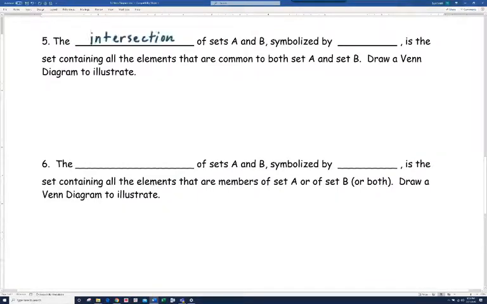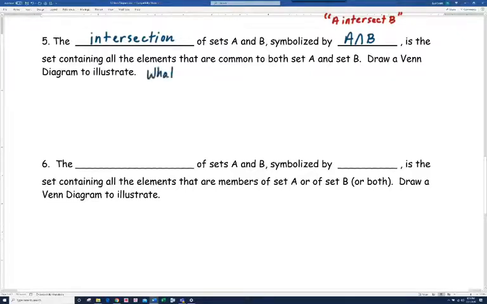So the intersection of sets A and B, which we actually already briefly discussed, is symbolized by A intersect B, and it's like an upside down U, that's the intersection symbol here. So A intersect B is the set containing all of the elements that are common to both sets A and B. Draw a Venn diagram to illustrate.